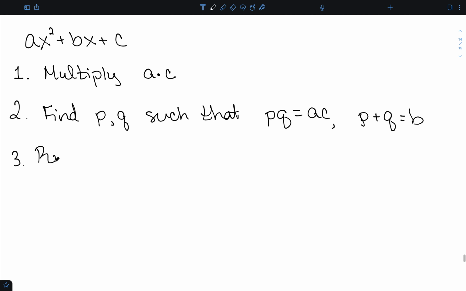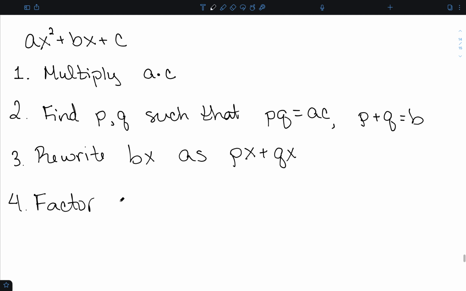Once we do that, we're going to rewrite bx as px plus qx. So we're going to split our middle term. And then finally, we will factor by grouping. So let's look at a few examples of this.